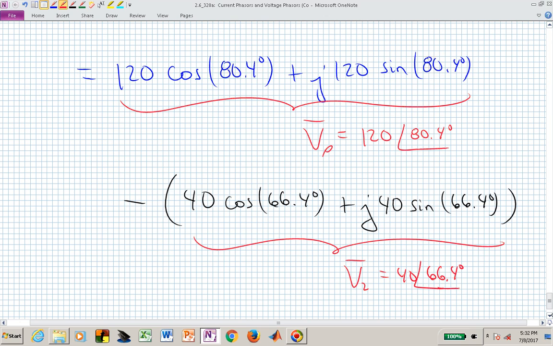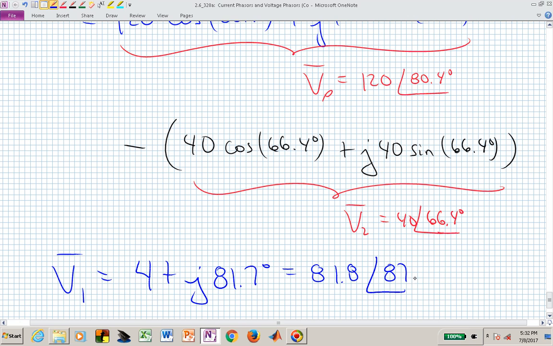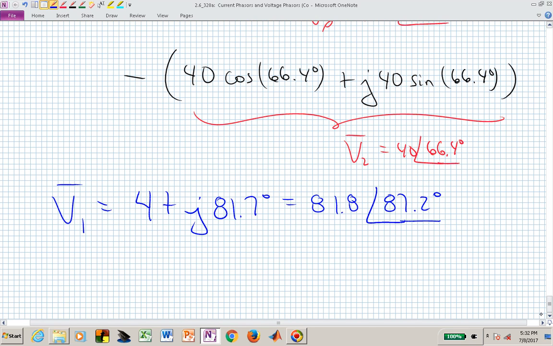If I do the algebra, I end up with V1 equaling 4 plus j 81.7, which is 81.8 at a big angle, almost 90 degrees, 87.2. And this is now the magnitude of V1 at an angle of theta V1 degrees.